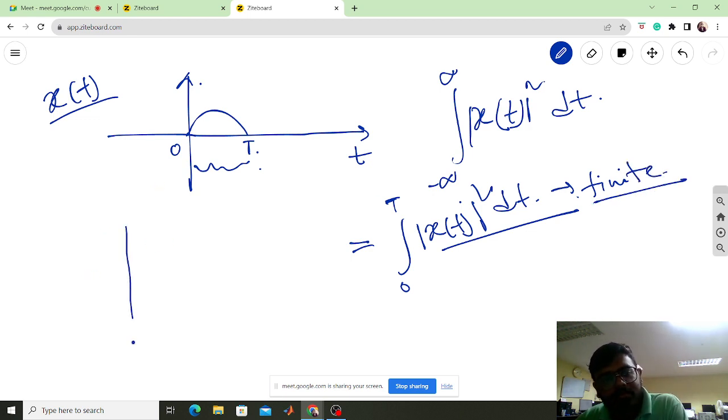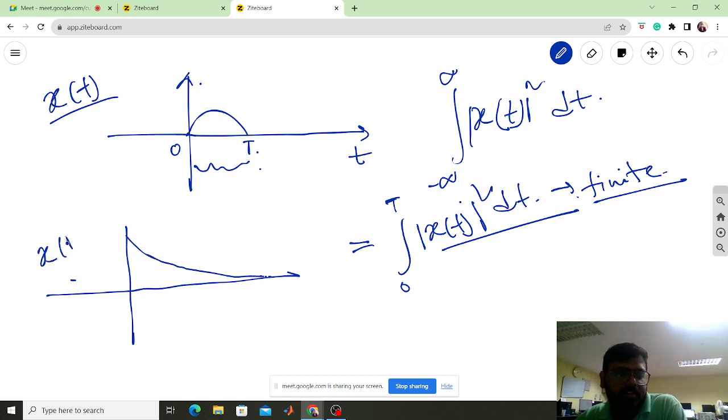Again, another type of signal can happen, where the signal just converges like this, so probably x(t) and t. I am just saying the cases: for an energy signal, this quantity should be less than infinity.